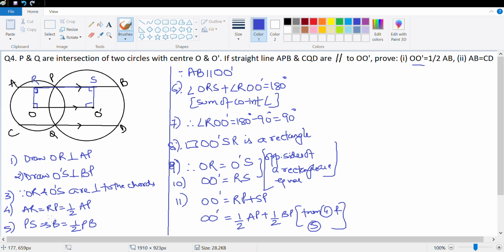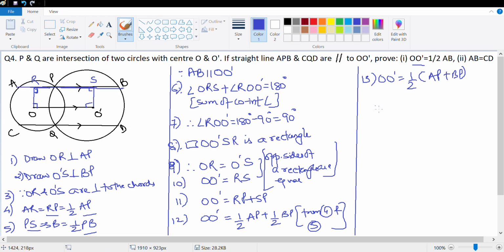So on the right hand side I have half common. I take AP plus BP, and AP plus BP is nothing but AB. So therefore OO dash is equal to half of AB. That's what they wanted us to prove, hence proved.